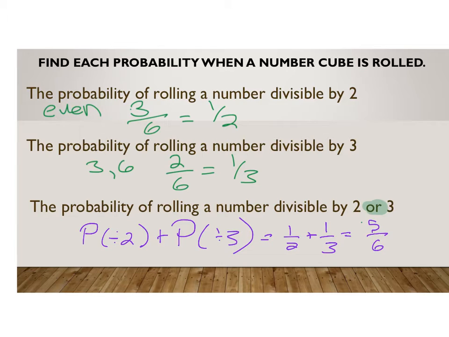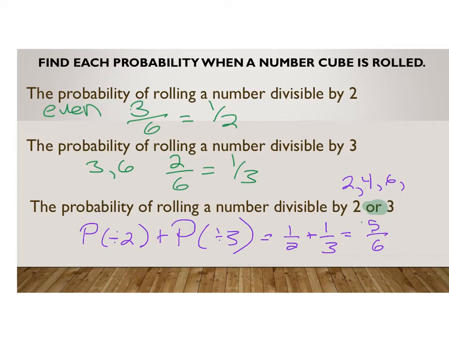Right? Now, we can check this if we look in this small group at the actual possible outcomes. So divisible by 2 is 2, 4, and 6. Divisible by 3 is 3 or 6. See, I'm wrong there. It's not that. You have to subtract the overlap.